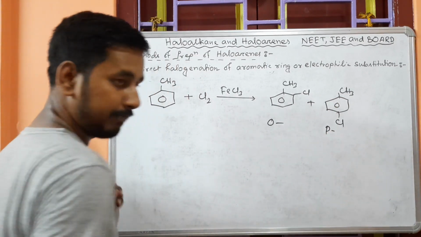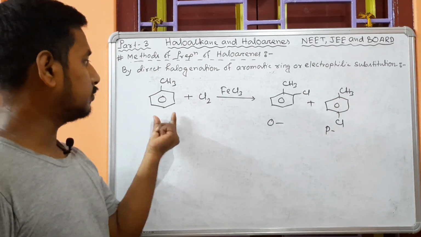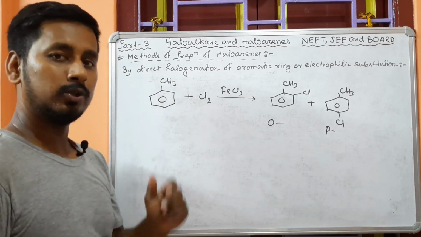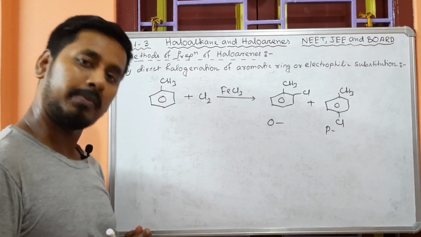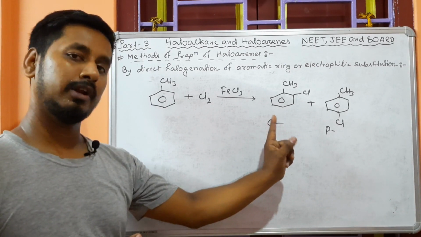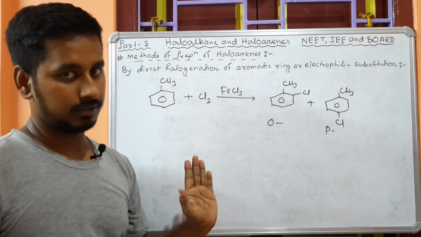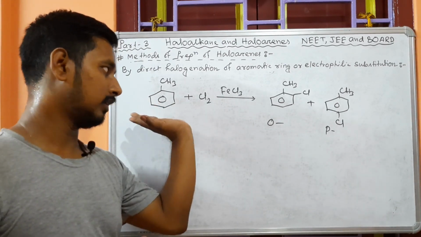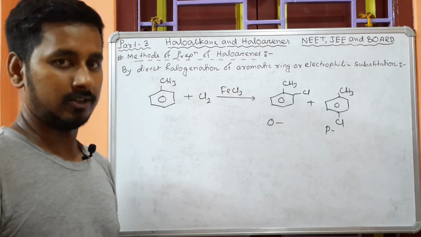See, here in toluene the CH3, this alkyl group, is also ortho and para directing, and that's why you get two different products, ortho product and para product. Okay, very similar to the same reaction with benzene.